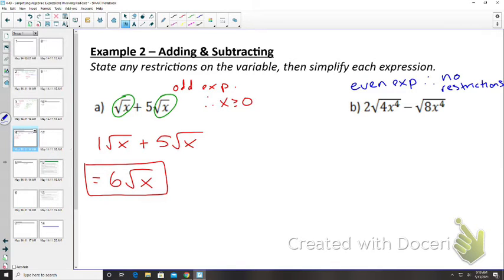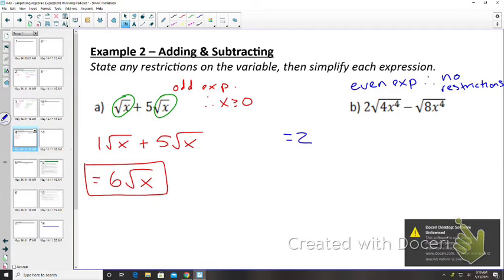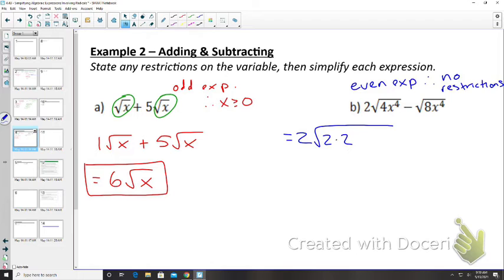So how do we get 4x to the 4th? Okay, how do we get that? So let's leave our 2 out front, and we'll leave that alone. And then to get to 4x to the 4th, we could do 2 times 2 will give us 4, and then x squared times x squared will give us x to the 4th, right?